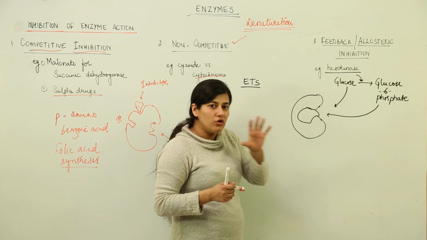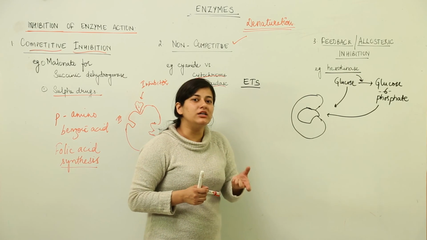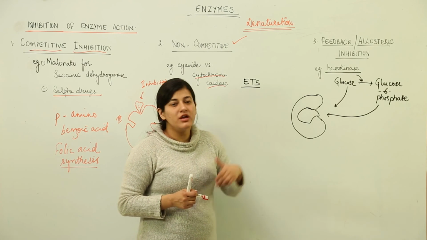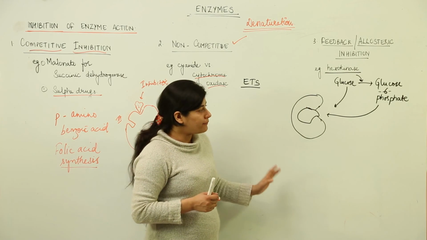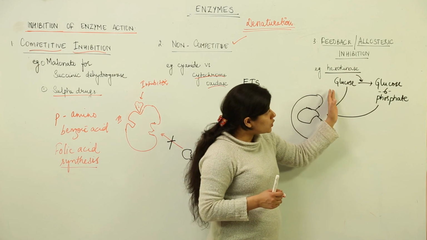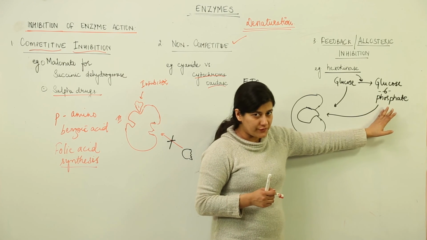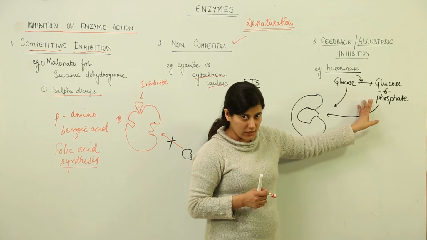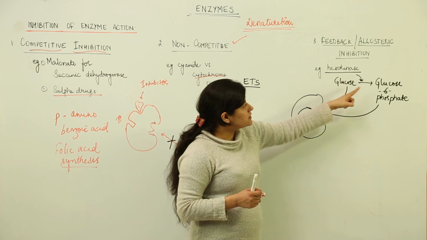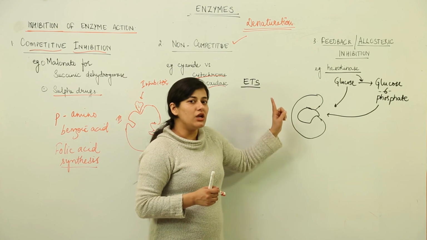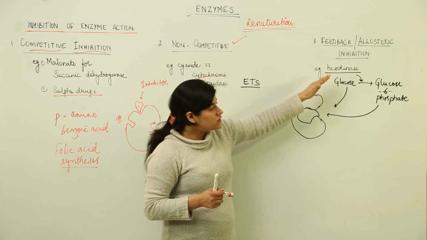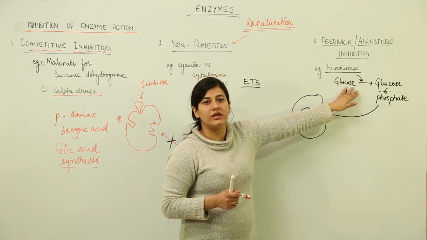That low molecular compound would be a result of the metabolic process itself, which is taking place in the presence of that enzyme. Like I gave you the example of glycolysis, glucose breaks down to glucose 6-phosphate in the presence of hexokinase only, but later on this glucose 6-phosphate goes and combines with hexokinase in order to stop its activity so that no further glucose breakdown takes place.